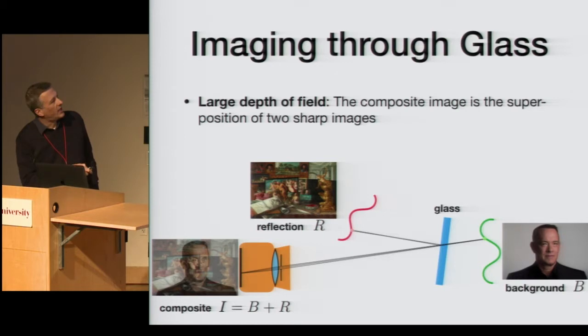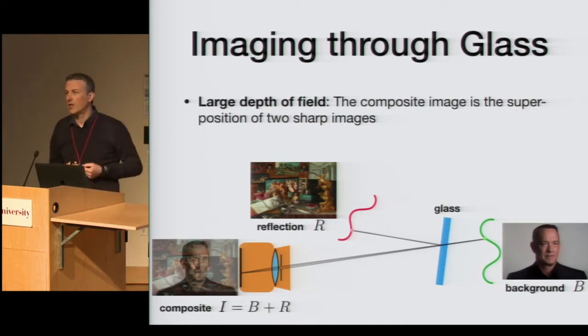Behind the glass, we have a background image B. And in front of the glass, we have another scene, which we call the reflectance R. Now, if we have a small aperture, then we have a very large depth of field. Then both of these images are in focus, or say approximately so. So the composite image will be simply the sum of these two layers.